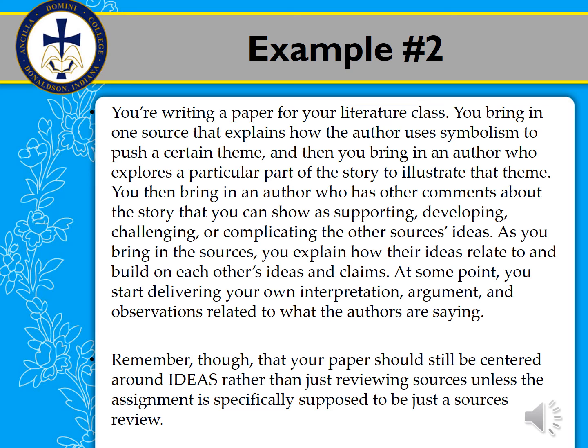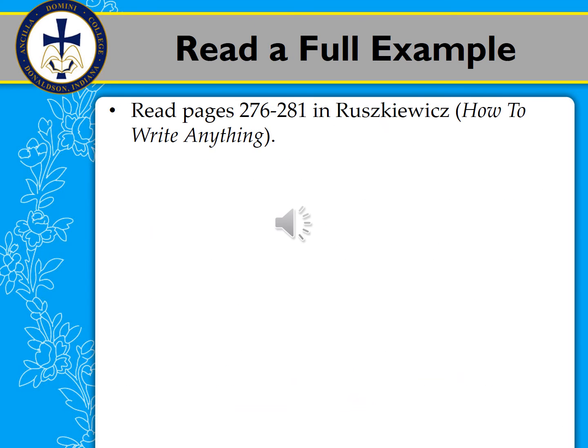There are different strategies to this that we've learned in other presentations in Writing 1 and Writing 2. I highly recommend that if you haven't already, you look through the example in Chapter 12 of our How to Write Anything book. And what they've done is they've given you a model where first they include the different pieces of the sources that the young author and writer is using here.